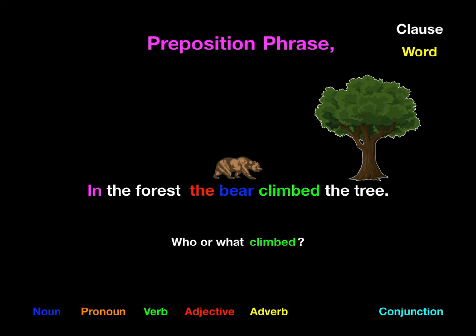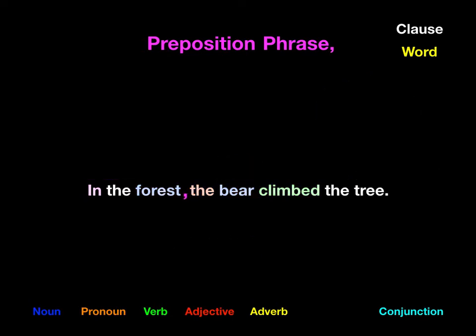Therefore, everything from "in" to "forest" would be considered a prepositional phrase. If we have a prepositional phrase at the beginning of a sentence, we need to place a comma after it. This sentence would then read, "In the forest, comma, the bear climbed the tree."